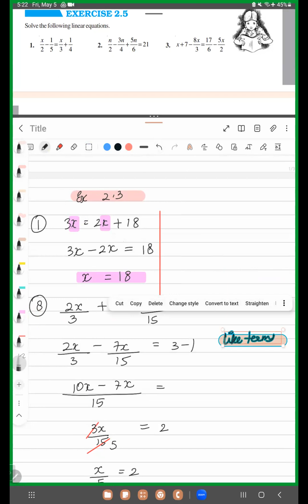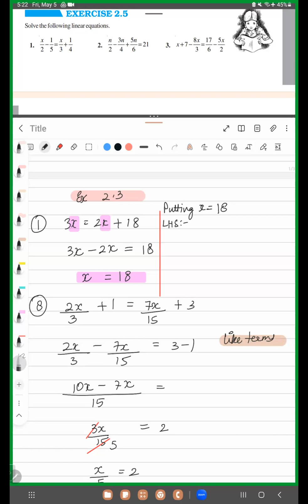Okay, so यहाँ पे you will say putting x equals 18. This is the checking part, check your solution part कर रहे हैं हम. So LHS becomes 3x, which is 3 into 18, which is 54. ठीक है.